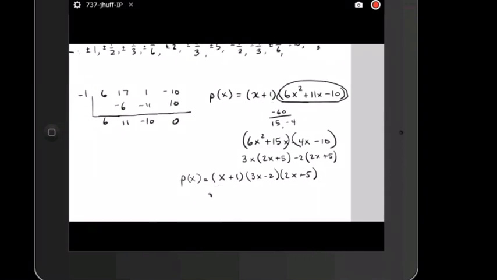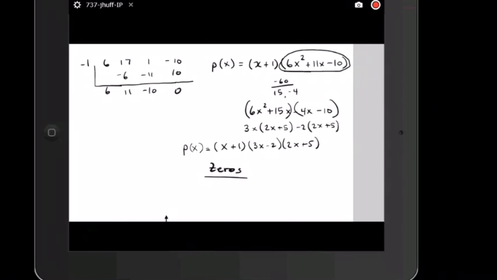We list the zeros then, and each one of these has a multiplicity of 1, so none of these bounce either. It's not to say that on the final exam they may or may not, so it's just, again, worth going back and taking a look at some problems where they have a multiplicity where the zeros bounce instead of cross.